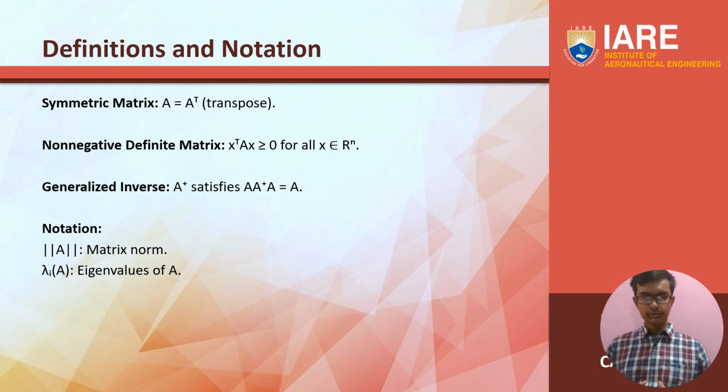For a non-negative definite matrix, X transpose A X is greater than or equal to 0 for all values of X. A generalized inverse is a matrix A plus that satisfies A A plus A equals A. For notation, the determinant of A is det A, the matrix norm is norm of A, and the eigenvalue of A is denoted by lambda of A. These are the definitions and notation of non-negative definite matrices.